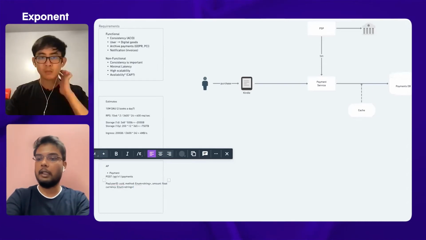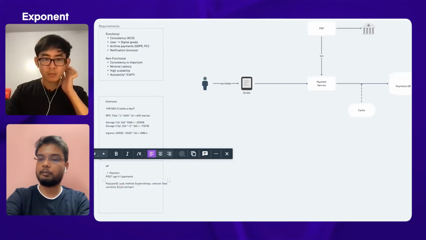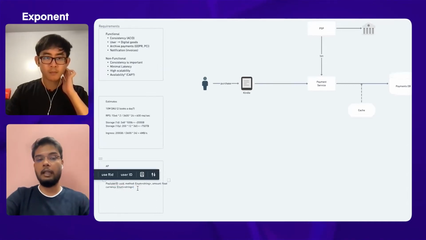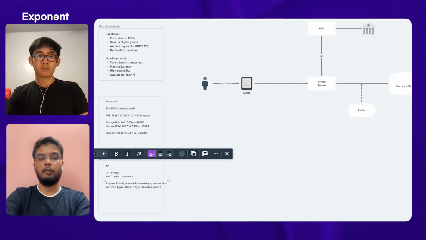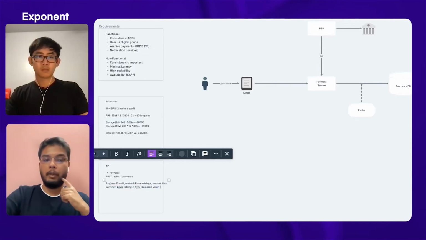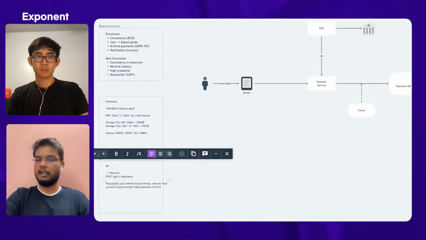So this is the method that will be used for payment, and we can return an async boolean if the payment was complete or not, maybe an error. Okay, so how does this look to you?